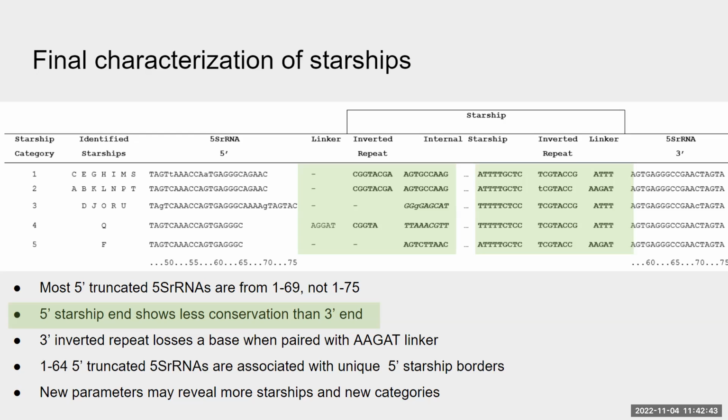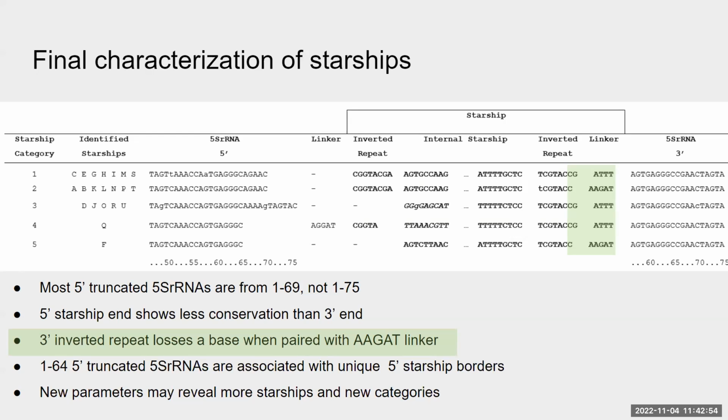So we know that the 3' end is more conserved. The 3' inverted repeat loses a base when paired with the AAGAT linker. Here we can see the inverted repeat. You can tell it's missing a G here and it's missing a G here, and that's because of the AAGAT linker present.